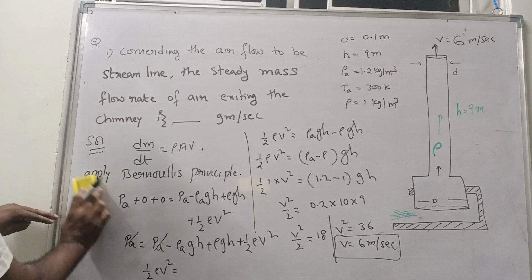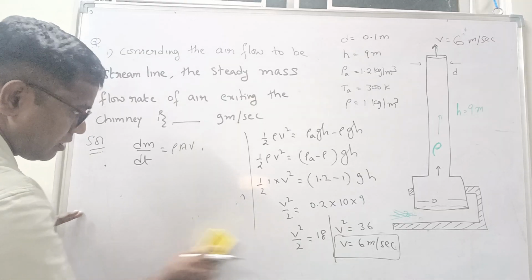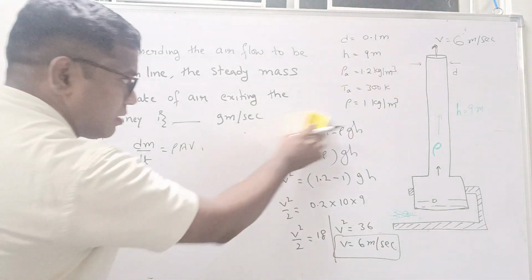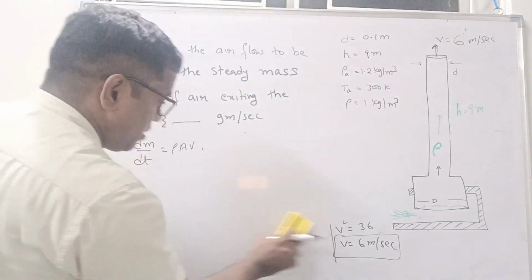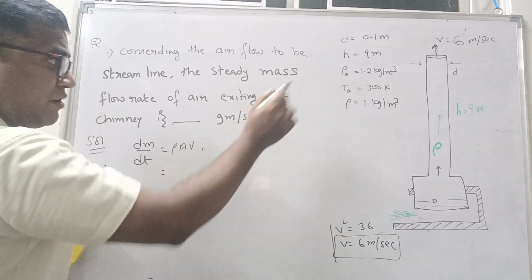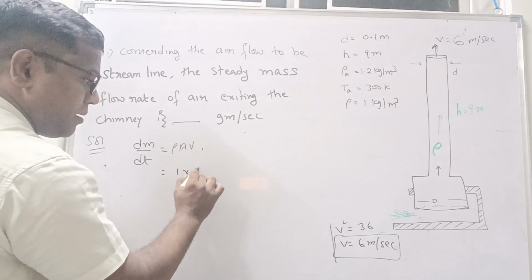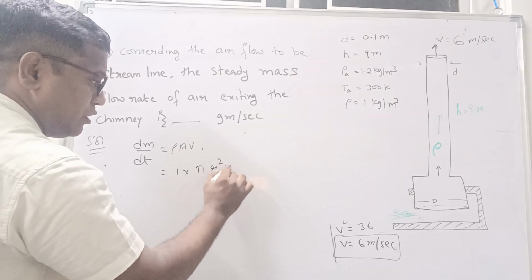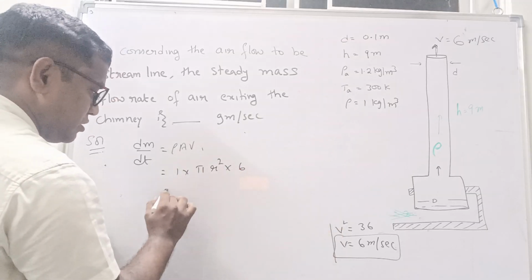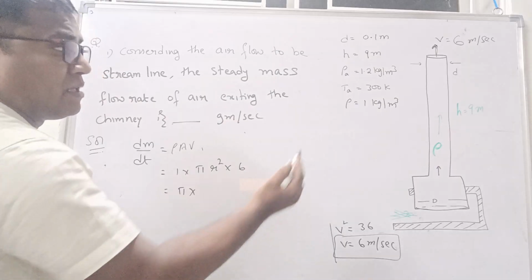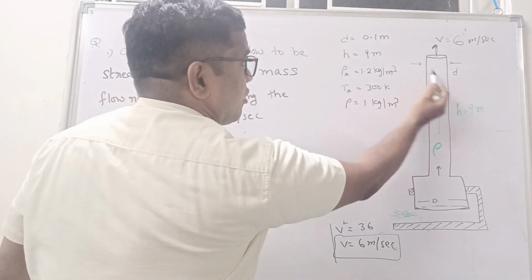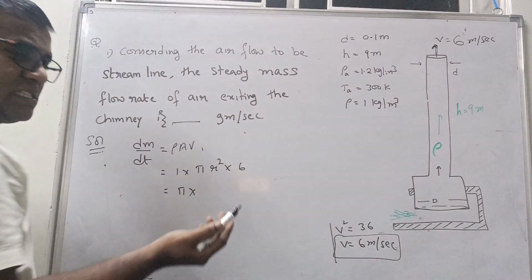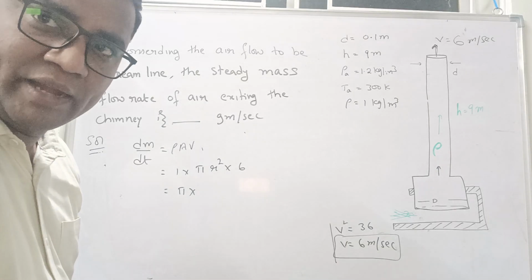Now see here. Rho we already know is 1, area is pi r square, into V. Velocity is 6. So it is pi. What is r? This d is given, 0.1. So the radius you can find is d by 2.